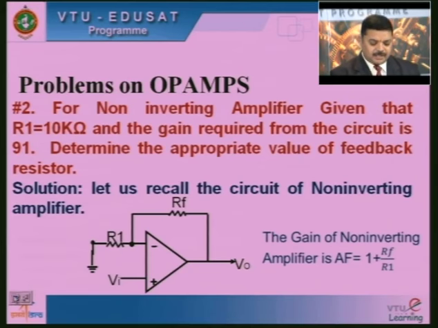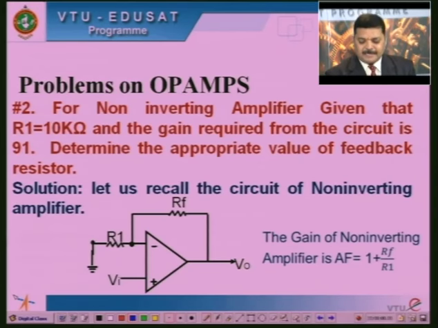So, here the gain is given to be 91, and R1 is given to be 10 kilo ohms. We need to find out what is the value of RF.